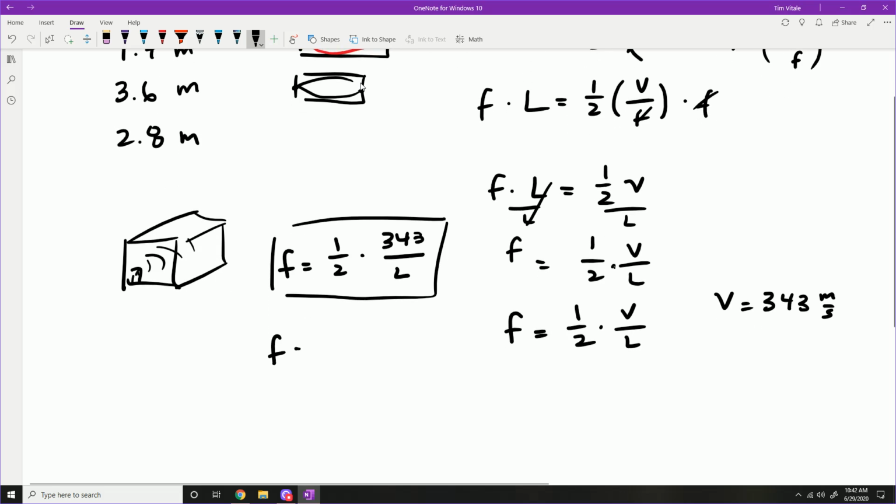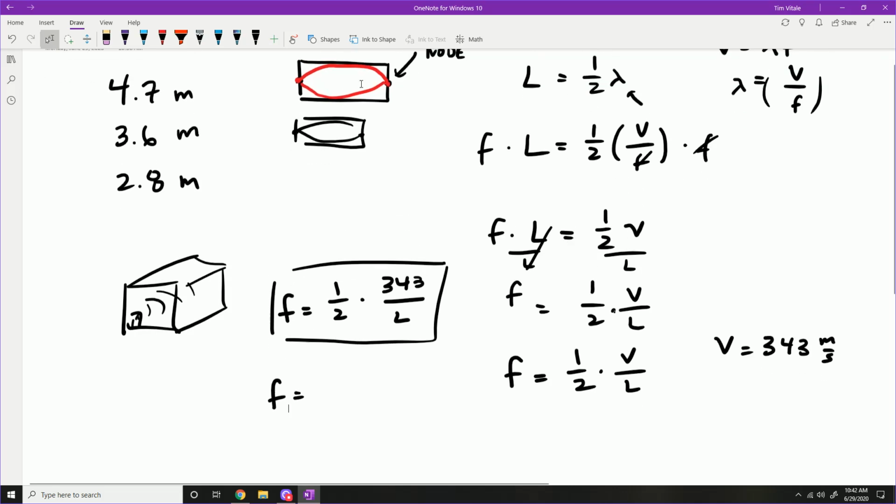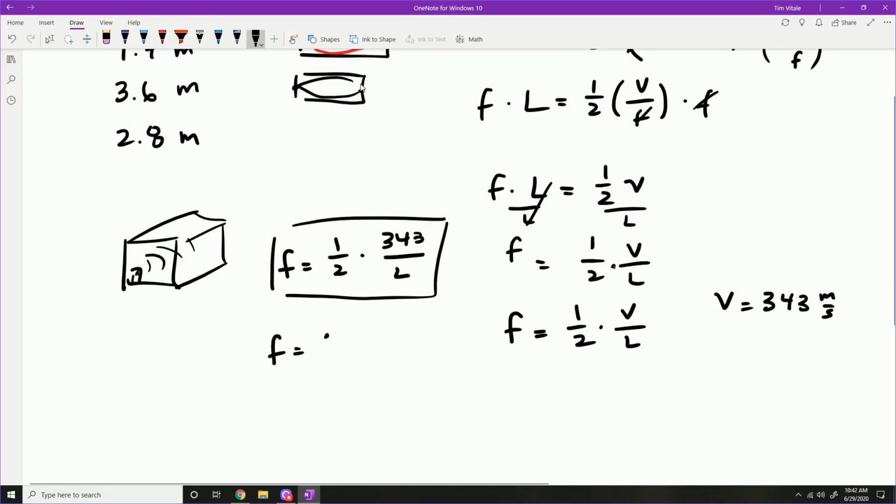So we have 0.5 times 343 divided by the first length, which is 4.7. I'm just going to write this out: 1/2, or 0.5, times 343 divided by 4.7. That gives us a frequency of 36.5 hertz. I'll round it to there for now.